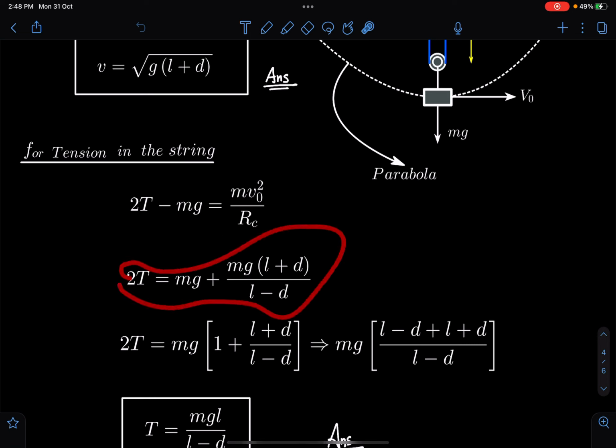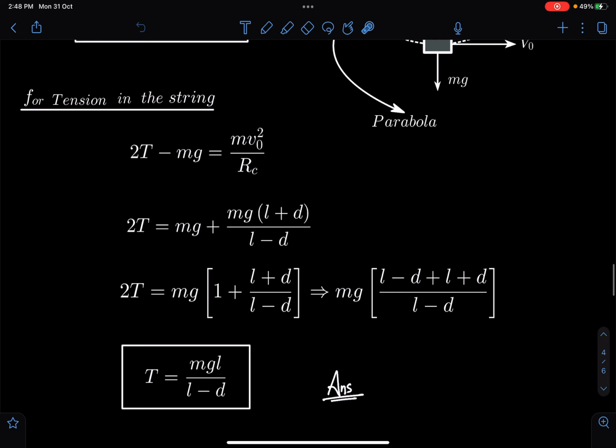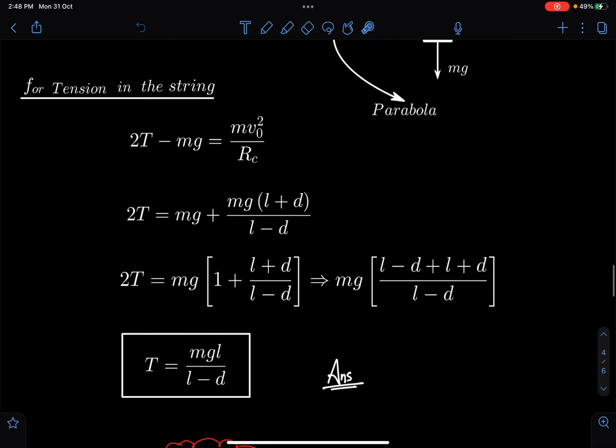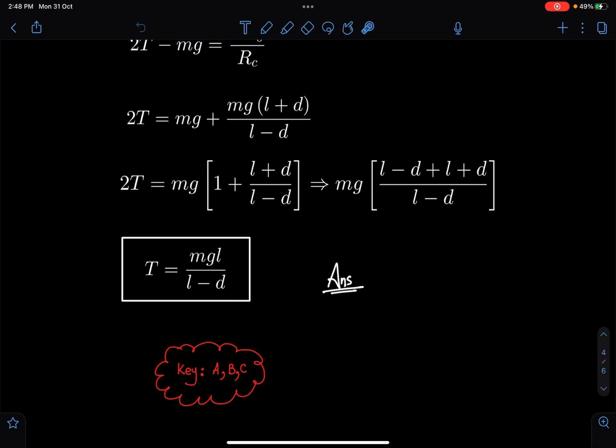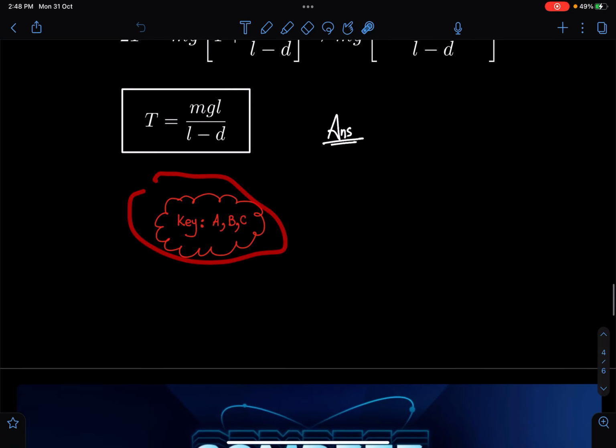When I simplify this, t is equal to mgL by (L minus d). This is the answer we are going to get, and it's a very nice problem in my opinion, because you are going to make some mistake, and very few people have given the right answer for this. So the correct keys for this are A, B, C.